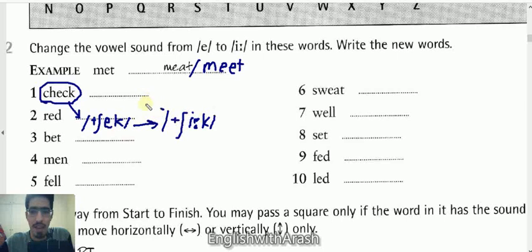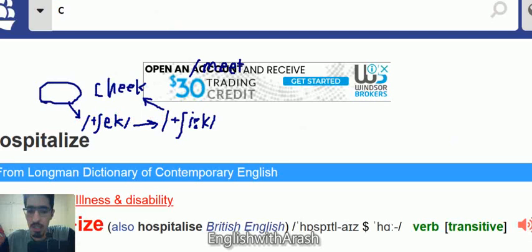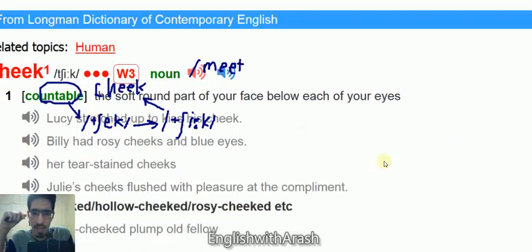Now I want to get it back to word. Cheek. Very good. What does it mean, cheek? Cheek means the soft part of your face below each of your eyes.